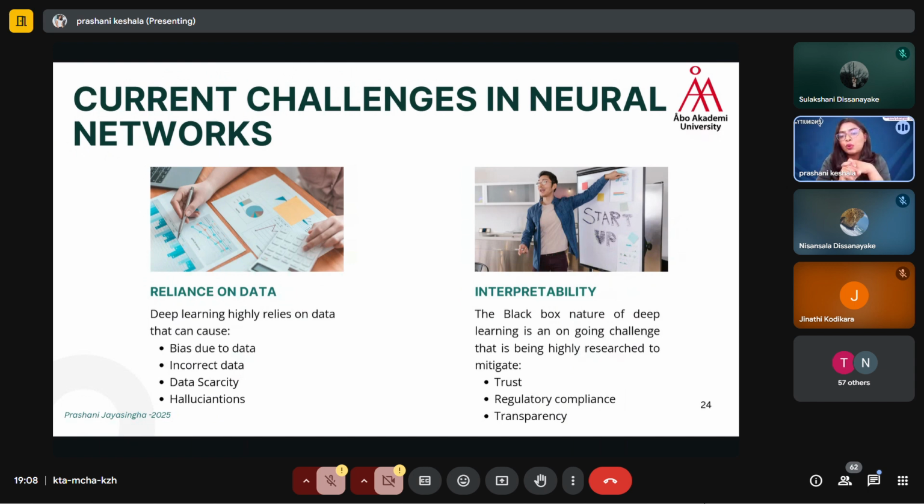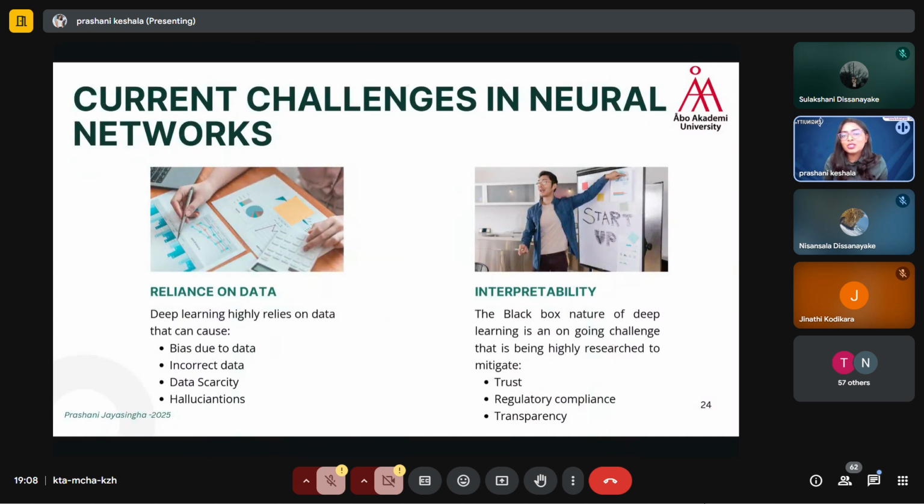For example, cats in Sri Lanka will probably not look the way they look in Finland, or similarly for trees. If you only have data of all the trees in Sri Lanka, then you will miss out all the other trees in the rest of the world. So that is data scarcity.